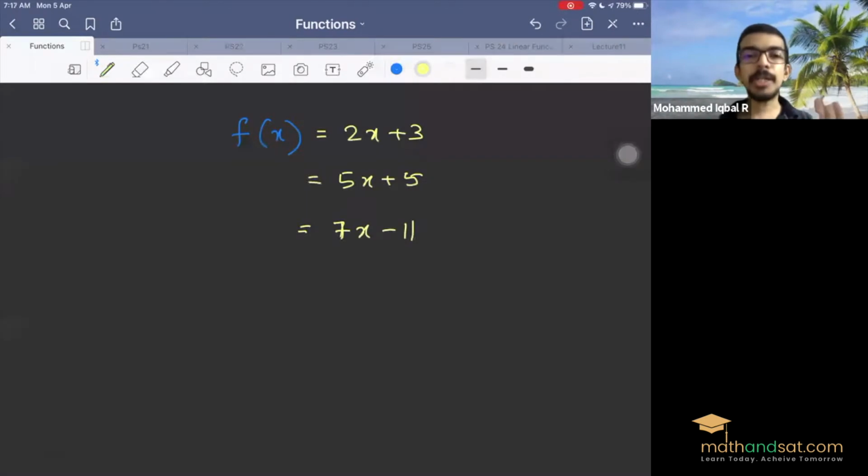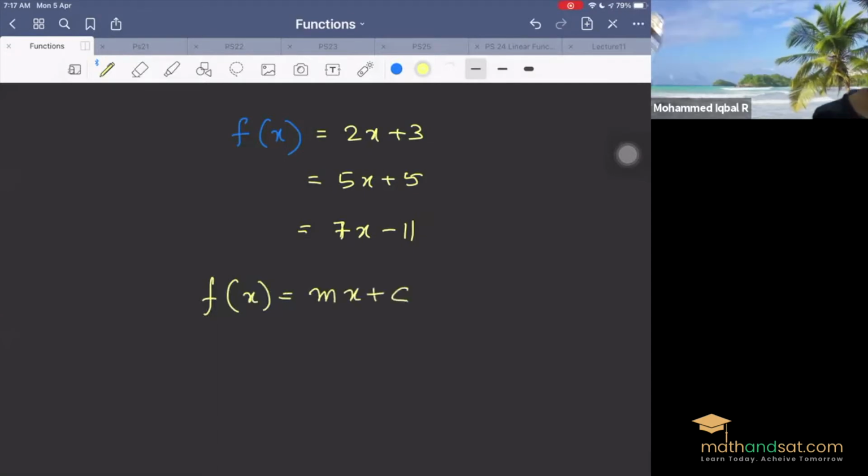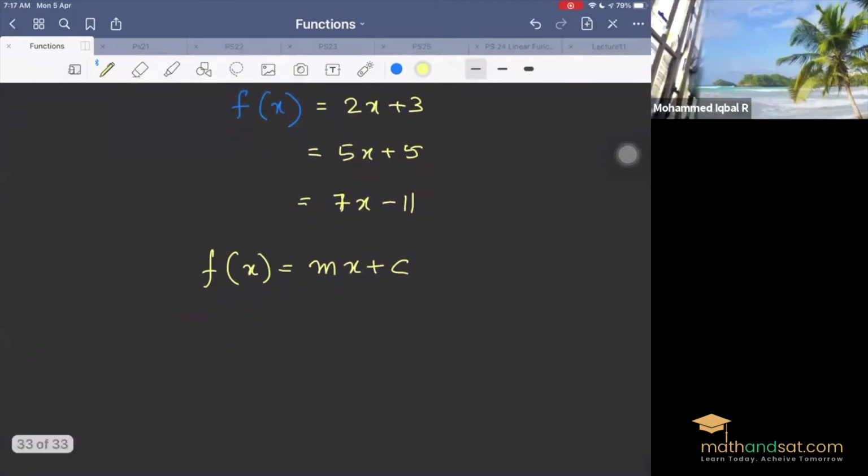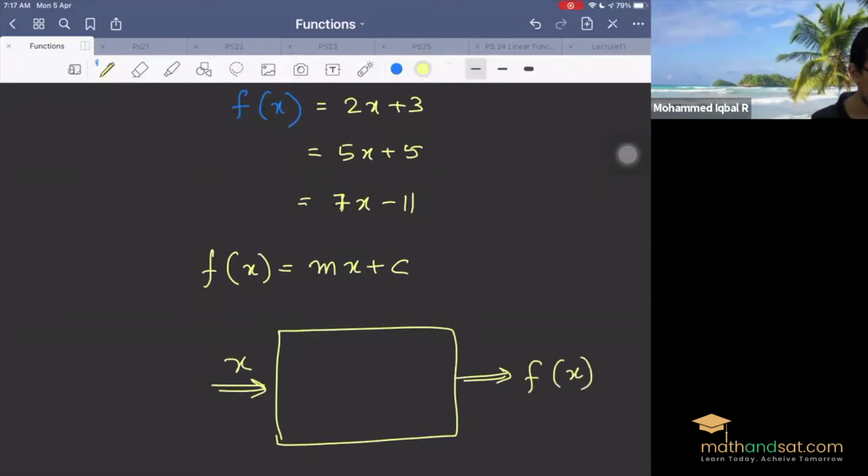So in general, a linear function will be of the form f of x is equal to mx plus c. So what does f of x mean? f of x means the y value, the output value. Basically, if this is your function, you give x as the input, you get f of x as the output.